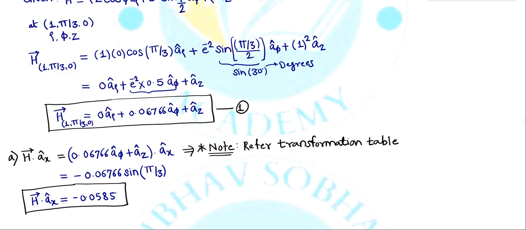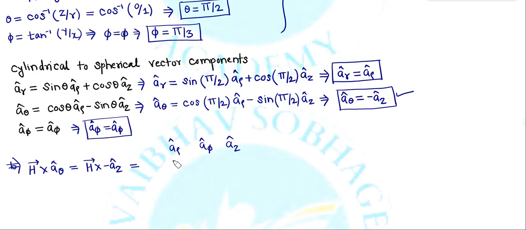So we are going to put those values over here. Then next is what are the components that we have for this a z value. So this will be 0, 0, and minus 1.